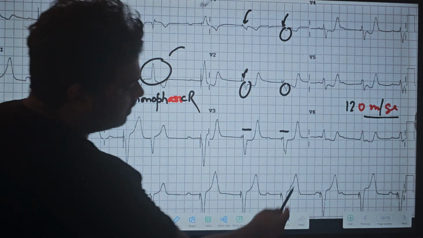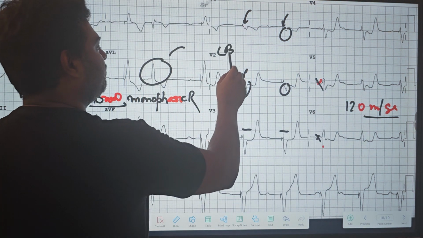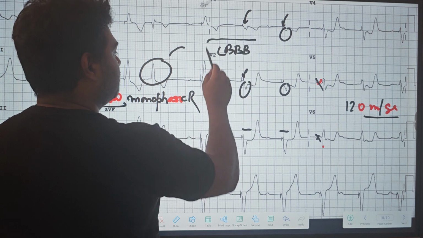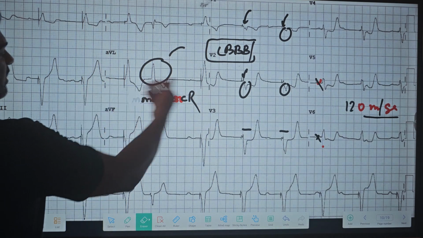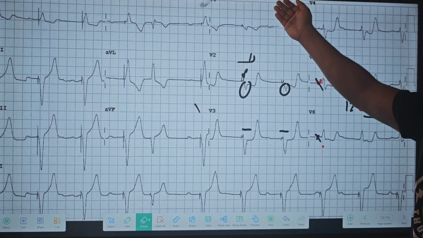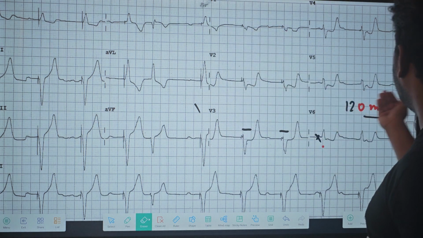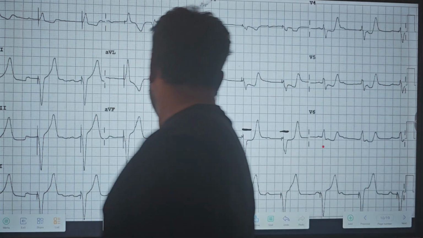Then there is no presence of Q wave in V5 or V6. That means this is an ECG of left bundle branch block. Now once you have understood that, we will apply the Sgarbossa criteria on this ECG. Here I have not marked it. You can stop the video and apply it.